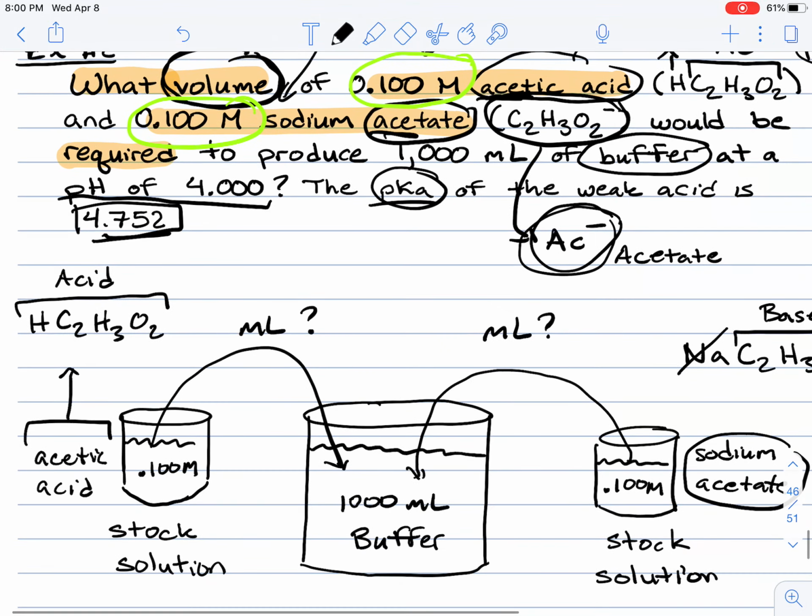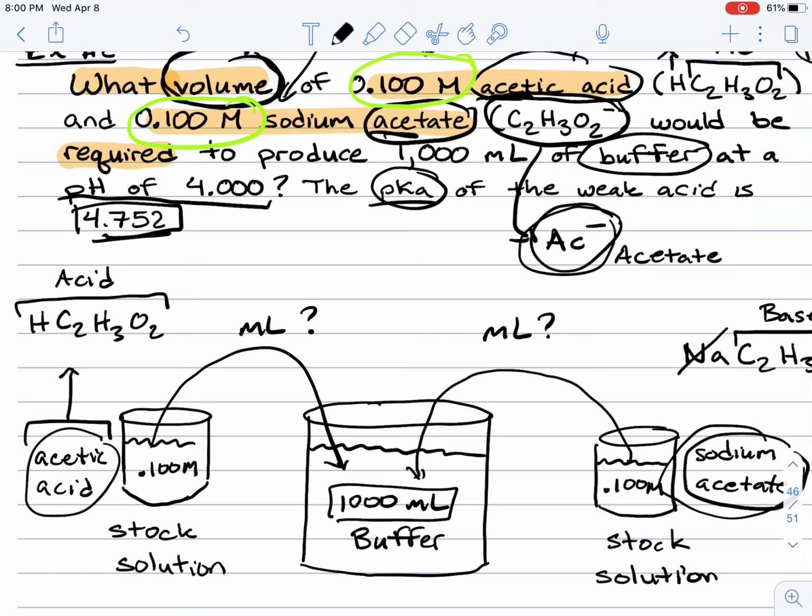So if you recall, we're going to take some amount of each component, some amount of acetic acid, some amount of sodium acetate, put them in this beaker, and the total volume is 1,000 mL.